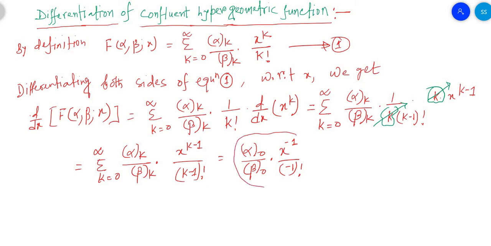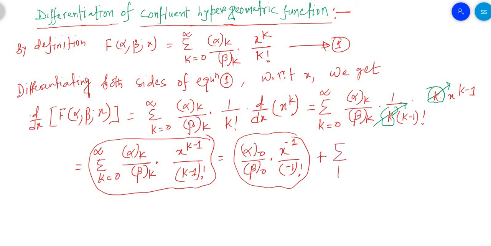This term is the first term of this, plus the rest of the part, summation k equals 1 to infinity (alpha)_k over (beta)_k into x to the power k minus 1 over (k minus 1) factorial.